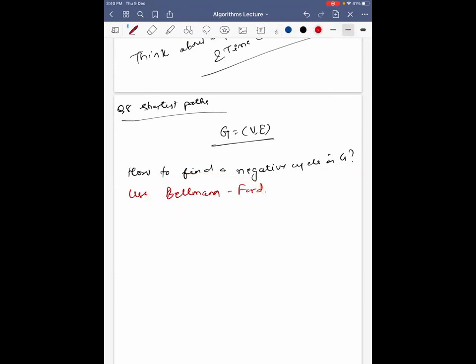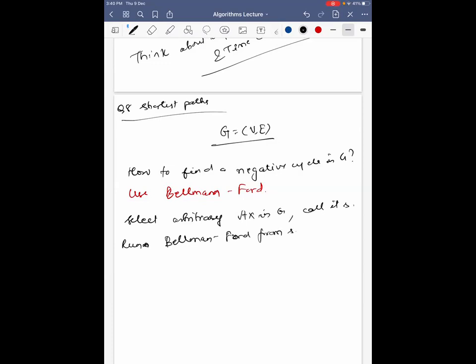What we do is select an arbitrary vertex of G, let's call it S, and run Bellman-Ford from S. Using Bellman-Ford, you can determine whether the graph contains a negative cycle or not.